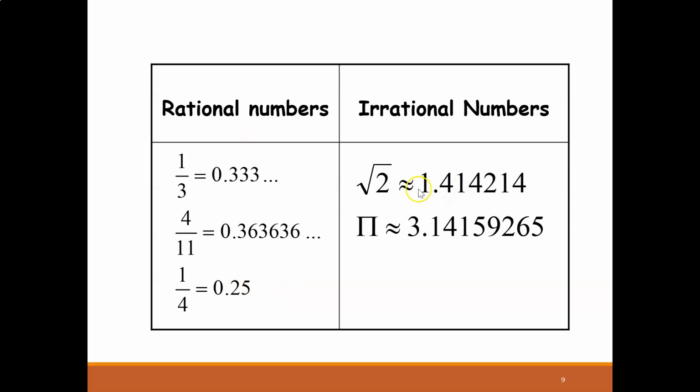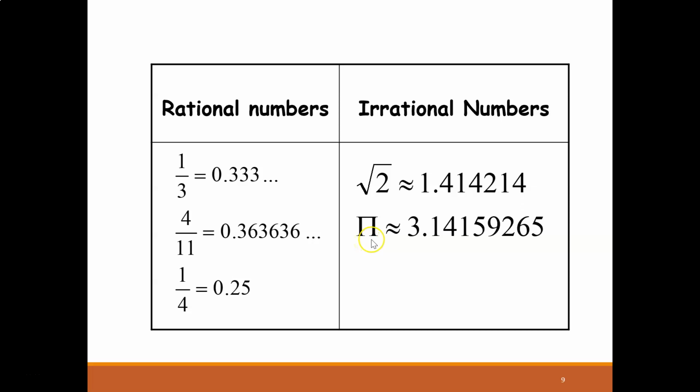But when we have square root of 2, in the form of square root, punca kuasa, when we key in the calculator, you will have the output 1.414 and so on. There are no repeating numbers over here, right? So this is an irrational number. And also we have pi.